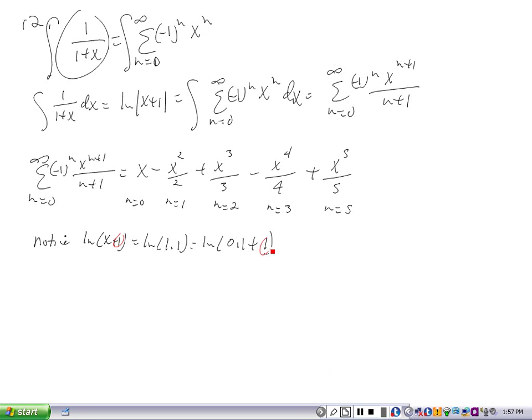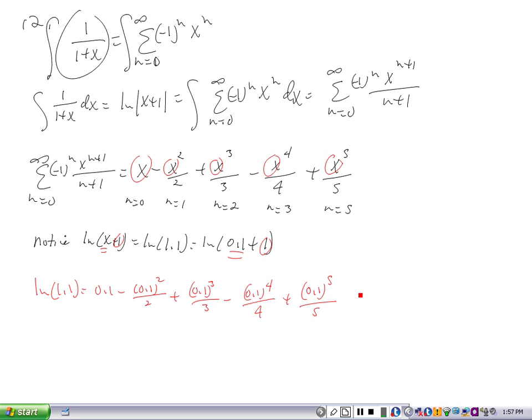So this is the 1 here, and then this 0.1 becomes the x. So I'm going to replace the x's there with 0.1. I get the natural log of 1.1 is equal to 0.1 minus 0.1 to the second all over 2 plus 0.1 to the third all over 3 minus 0.1 to the fourth all over 4 plus 0.1 to the fifth all over 5.